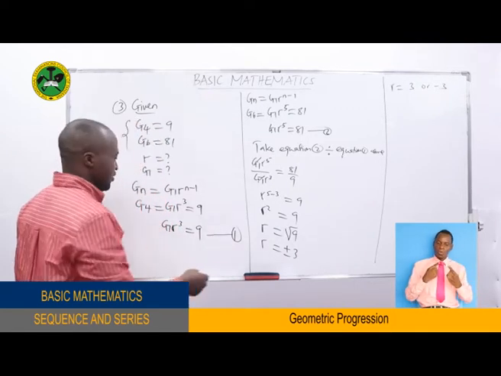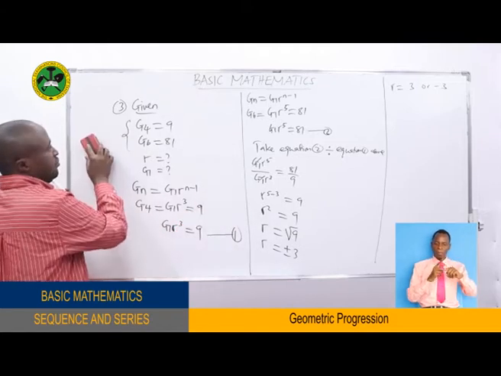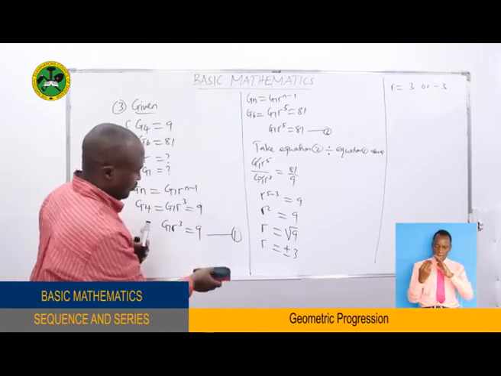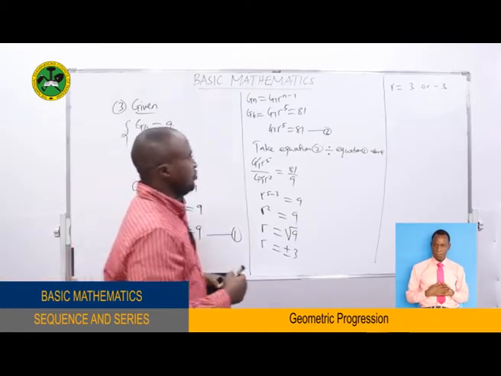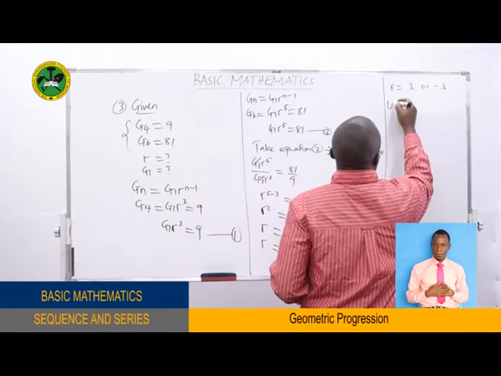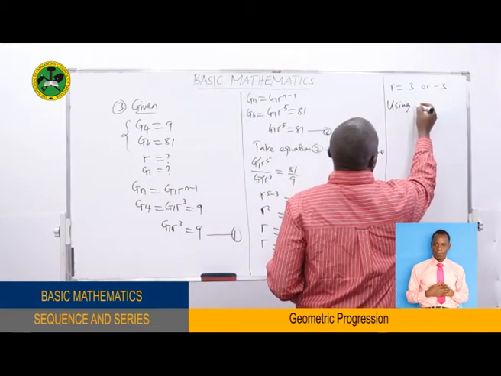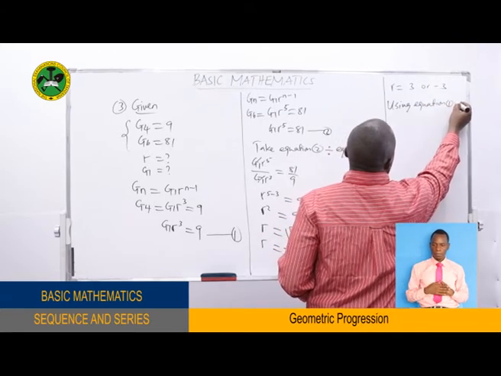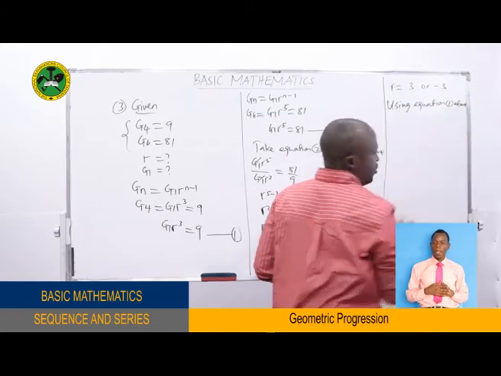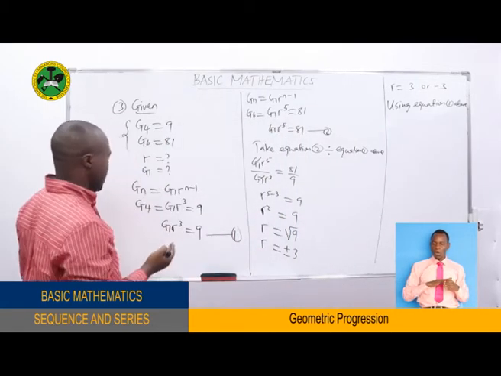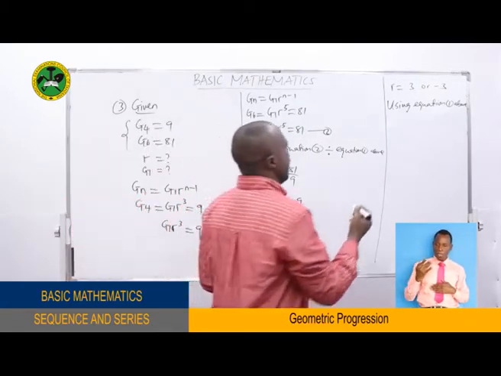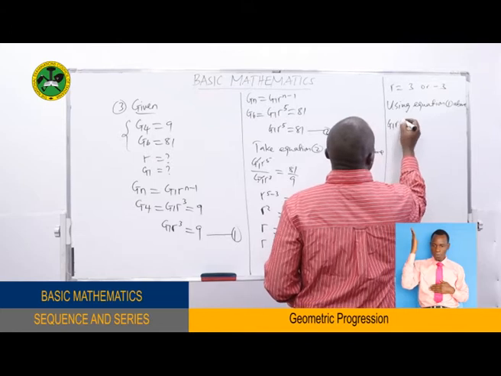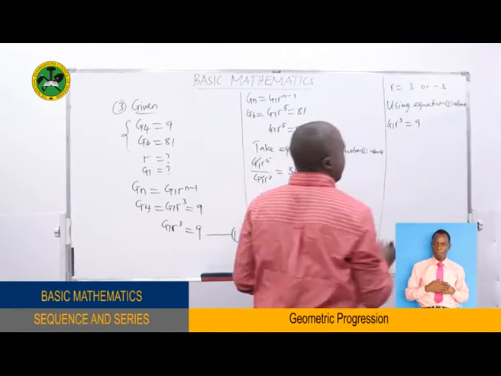So in this case, say using equation 1 above. So in your first equation, that is G1 R power 3 is equal to 9.